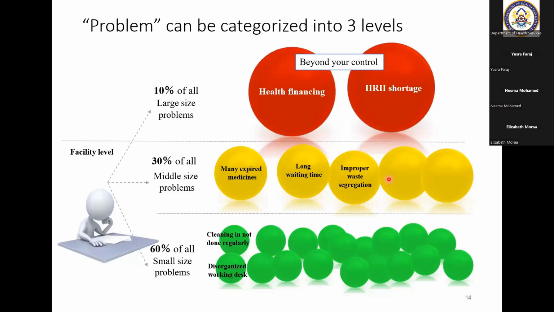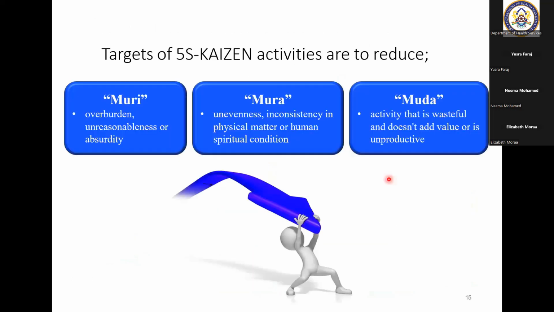So in Kaizen, we usually have something called the 3 M's, yeah, which we are targeting to reduce. And the 3 M's in Japanese are Muri, Mura, and Muda. Muri is just an overburden. It can be overburden or unreasonableness on the healthcare workers, on the health system, on the client.